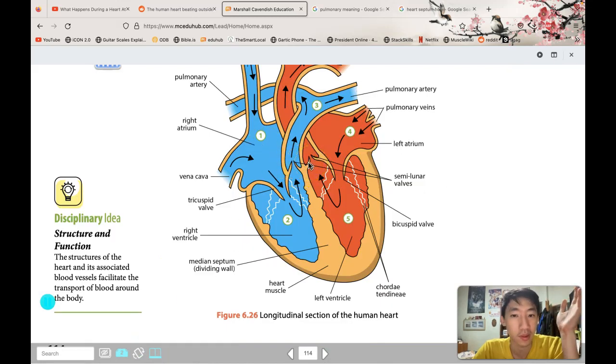For simplicity's sake, we will just call both of these semilunar valves, but we'll call this one the pulmonary artery semilunar valve, and we'll call this one the aorta semilunar valve.